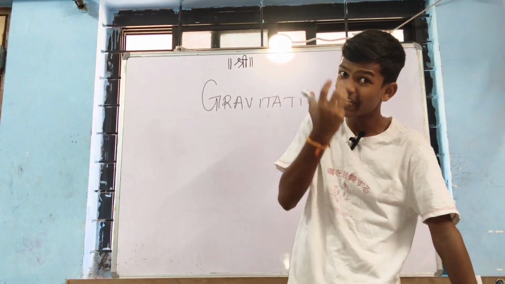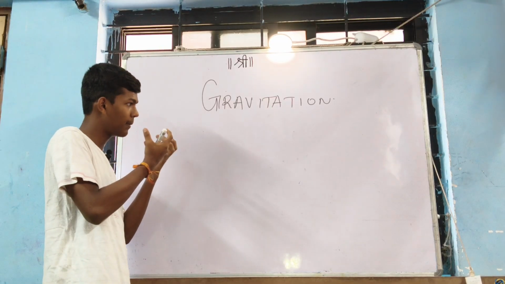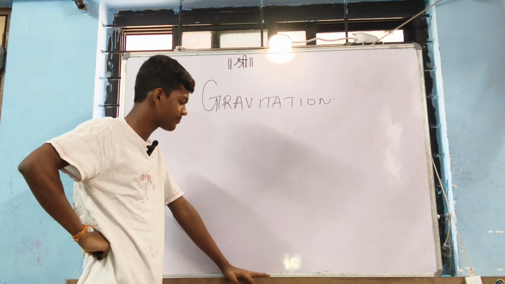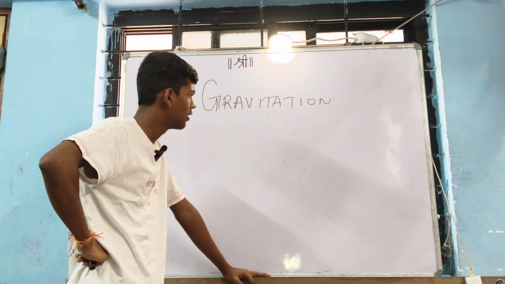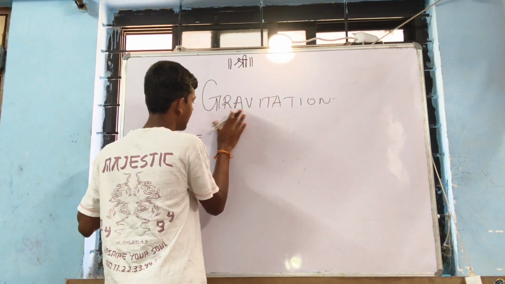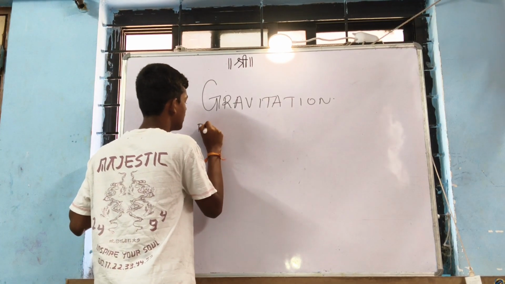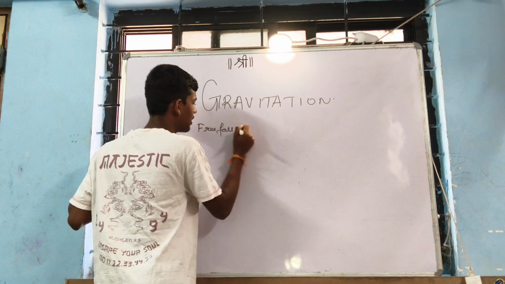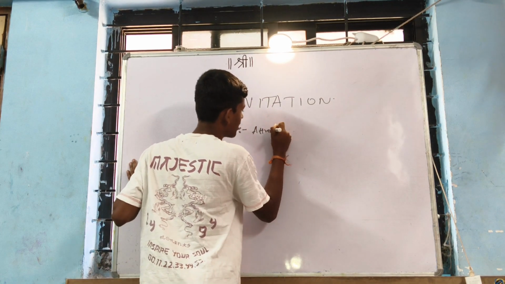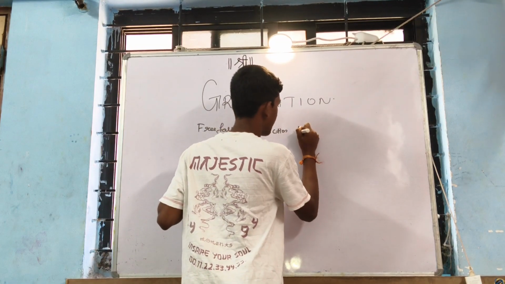Free fall is nothing but attraction by the earth. There are two objects, one is the object and the other is the earth. So, free fall, I'll write in short: free fall is attraction by Earth.